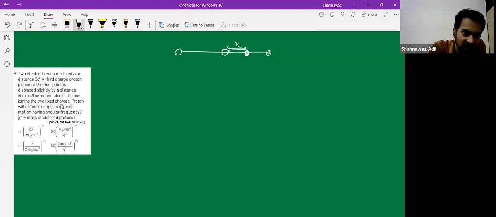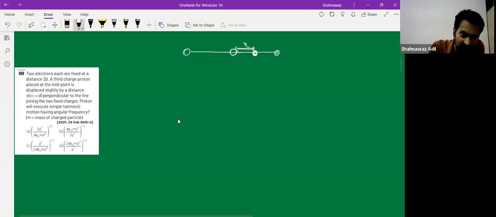Now in this question, take the screenshot of this question, okay? So in this question, they displace the charge in this direction. So the charge was here and they displace it in this direction, right?